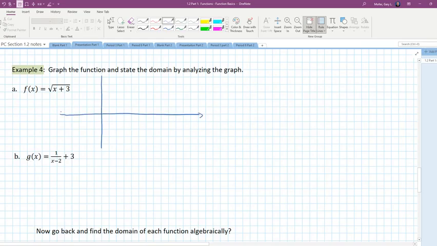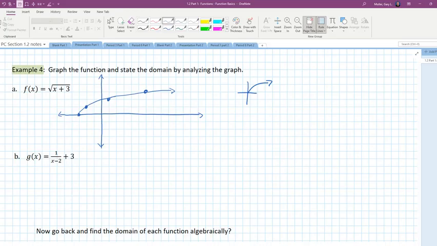But I'm hoping very much that you recognize this is just the parent function, the square root of x, and it's shifted over 3 units to the left. So 1, 2, 3, this graph, and then it's up 1 over 1, up 1 over 1, 2, 3, up 1 over 1, 2, 3, 4, 5. It's our same sideways parabola or pattern that we do for a normal parabola, just flipped sideways.